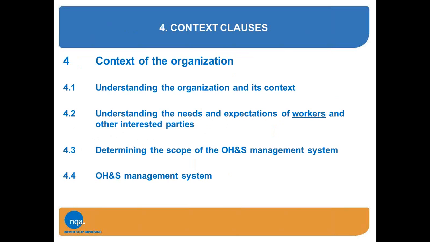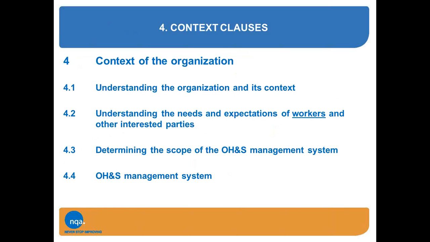So just to overview then section 4, in the clauses of the standard, you've got obviously the context of the organisation as the main header, and then the subheadings for that is understanding the organisation and its context. So what do you do? Where is it you do it? In what culture, etc., what setting? Understanding the needs and expectations of workers primarily and other interested parties. But workers are the primary group that we're interested in because obviously we're trying to protect workers' health.